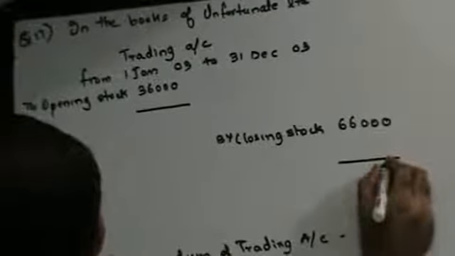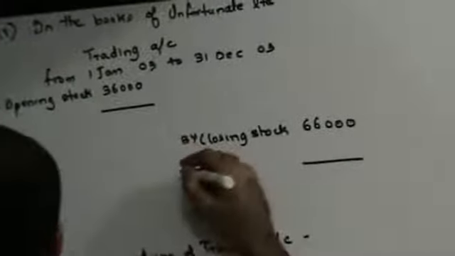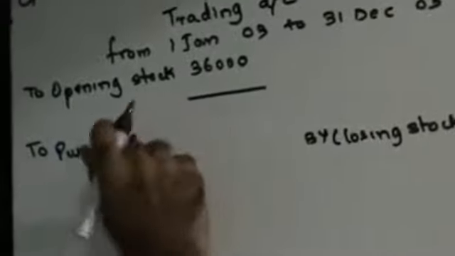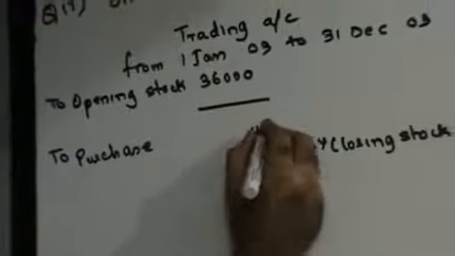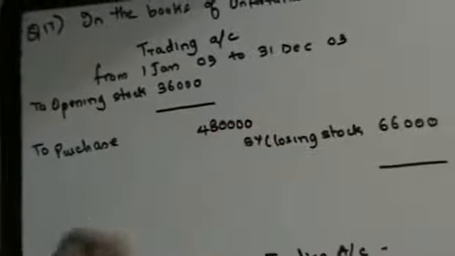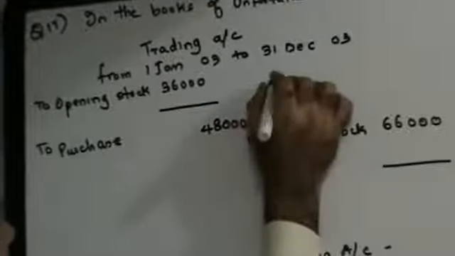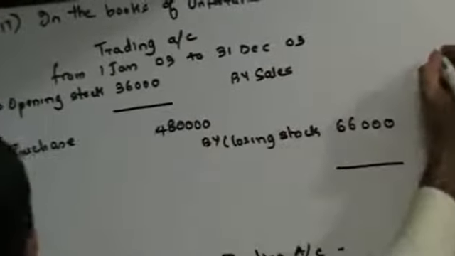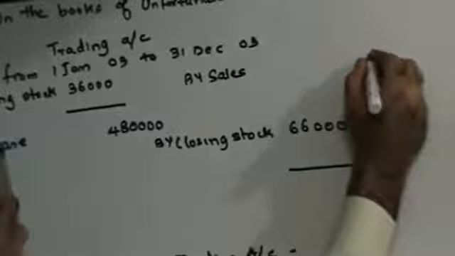Right? Next, purchases during the year. Purchases during the year, you will write here as to purchase. Purchases during the year are given to you as 4,80,000. Then sales during the year, by sales. Sales during the year is given to you as 6 lakhs.